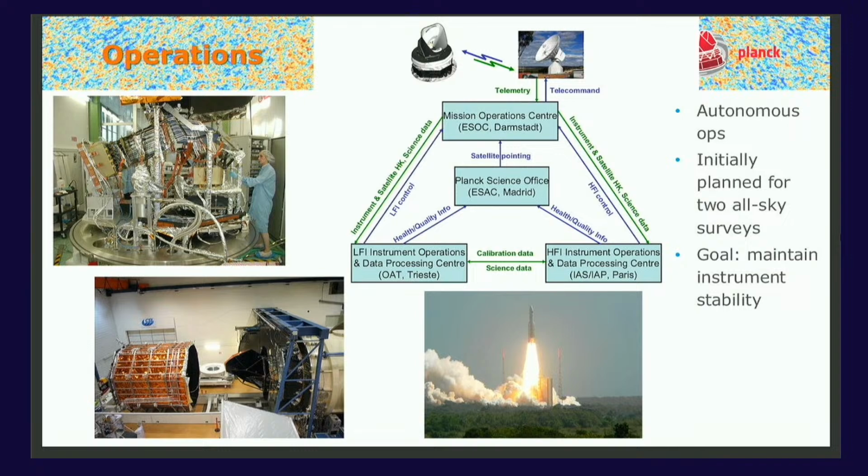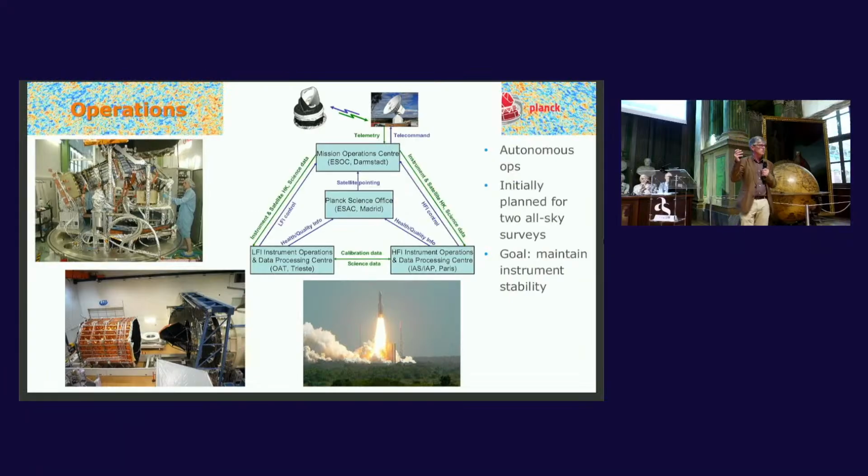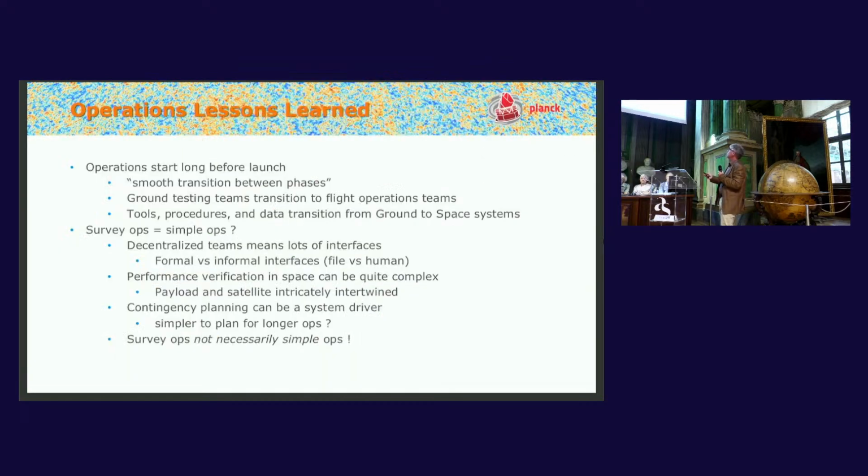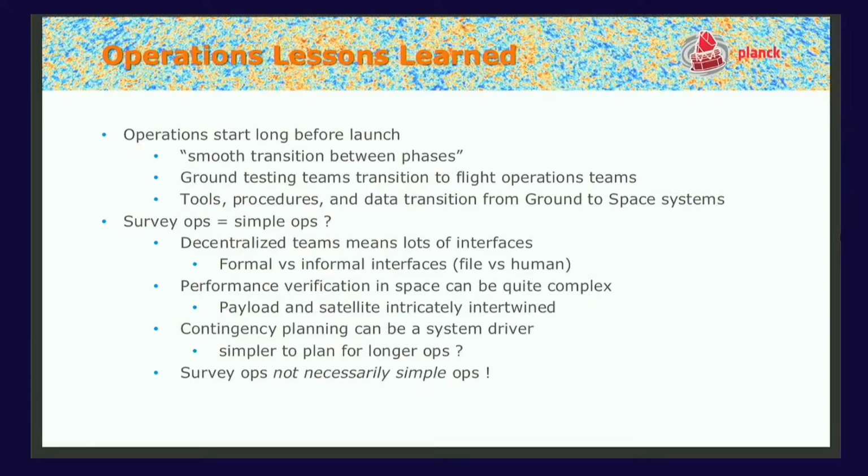Important thing to realize is that operations don't start after launch. They start long before launch, okay? Every time you do a test on the ground at system, subsystem level, it generates data that you may need later in flight, okay? So yes, operations start long before launch.